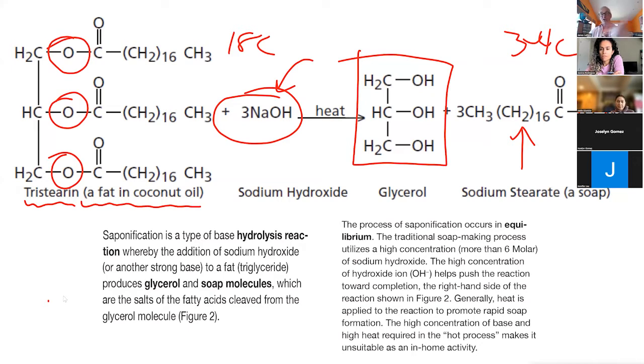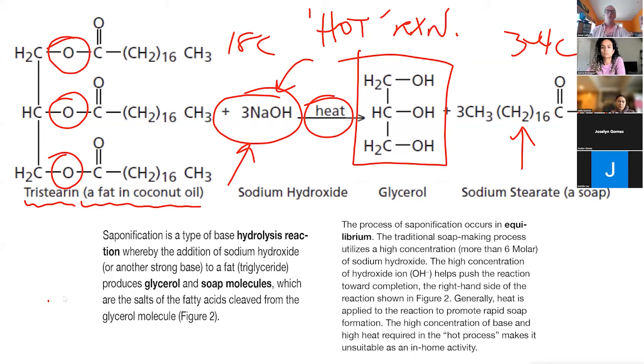So you can push this reaction forward by adding high concentrations of sodium hydroxide and heat. So in a commercial soap making facility, they do what's called the hot reaction, where they have extremely concentrated sodium hydroxide, like 10 to 12 molar, something that we're not going to be dealing with because that's really, really dangerous, and very high temperatures.